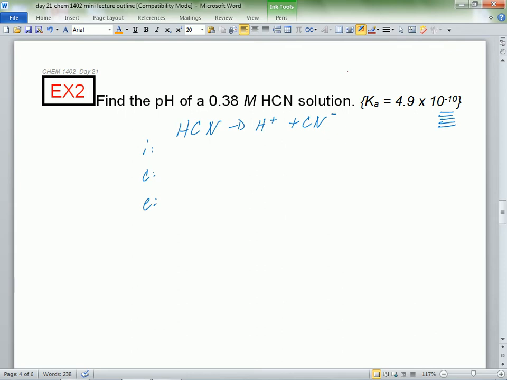You could do negative log of 0.38 and have your answer if HCN was one of those 6. But it's not. But it's not.